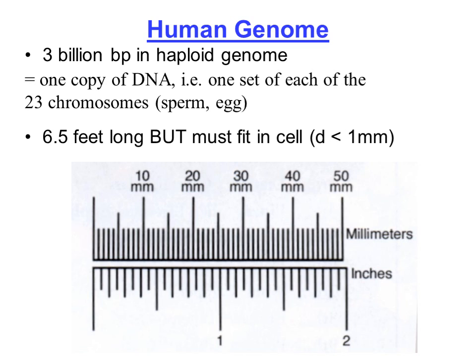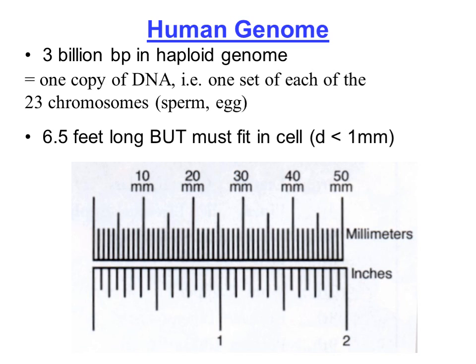Now, for the human genome, this is much more complicated. So, in the haploid genome, which would be just the genome you get from either your mom or your dad, you already get 3 billion base pairs in each cell from mom or from dad. So within a single cell, you actually have a copy of all your genes from mom, and you have another copy from dad.